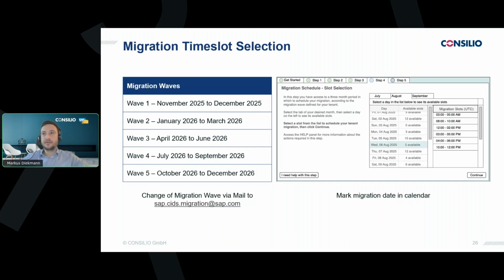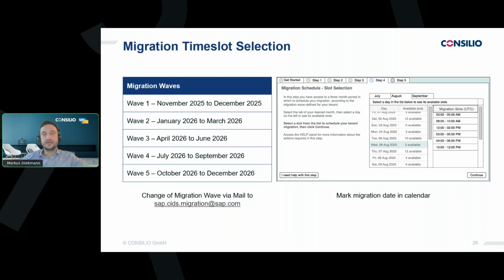In this step, you can check which migration windows are available. It's a time slot of 2 hours, and you can evaluate which slot fits for you and select it depending on availability.